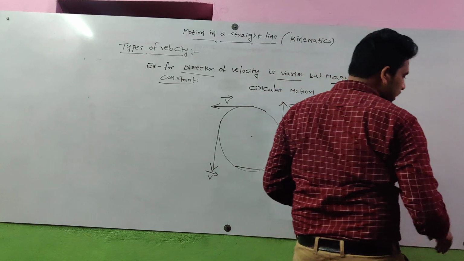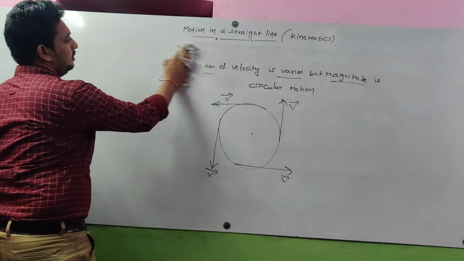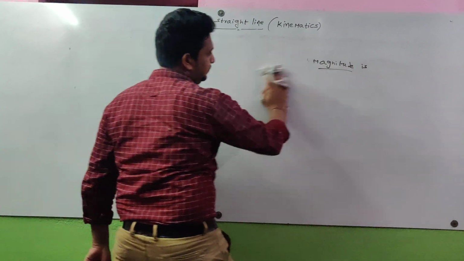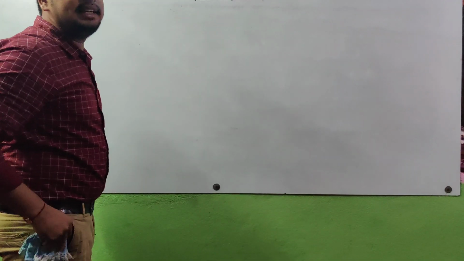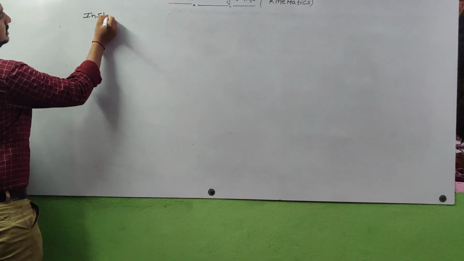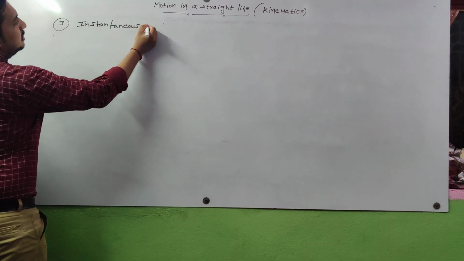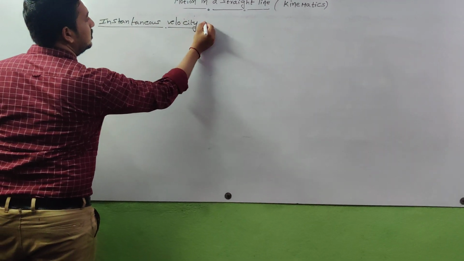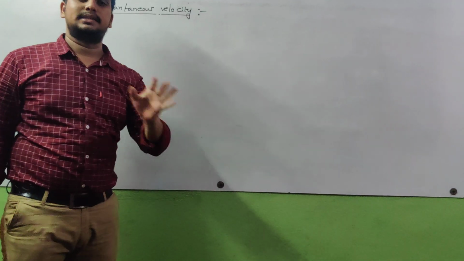Next, the third type, instantaneous velocity. What is meant by instantaneous velocity?